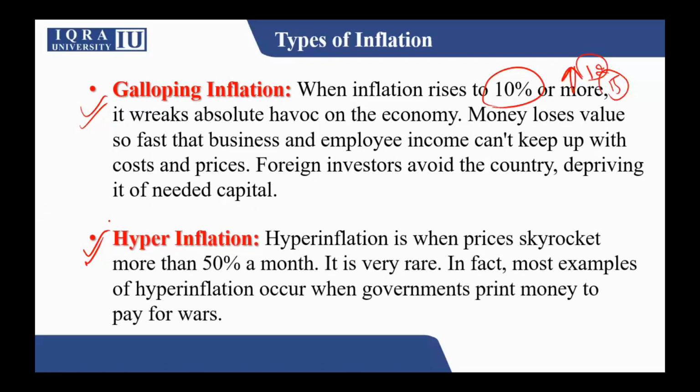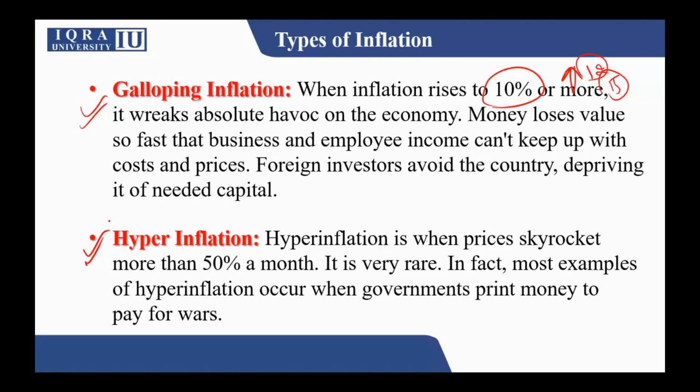Hyperinflation is really hyper and it is very, very rapid. It's like a skyrocket and it can easily reach, within a month or two or three, from 10, 15, 20% to 50%, then 100, 150, then maybe 500 and 1000%.